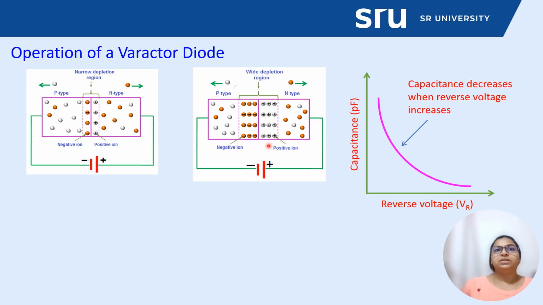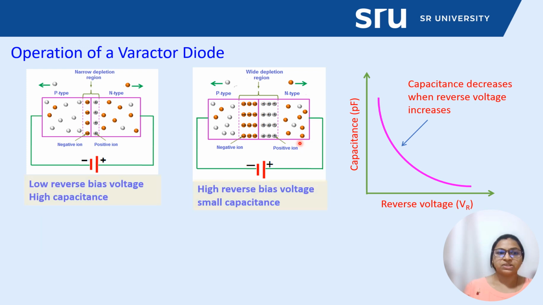When the applied bias voltage is very low, the capacitance will be very large. So low reverse bias voltage gives high capacitance, and high reverse bias voltage gives small capacitance.